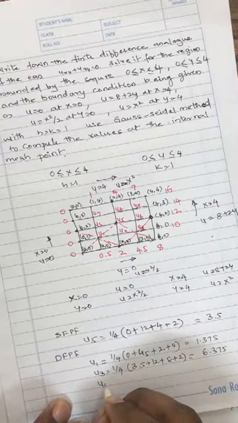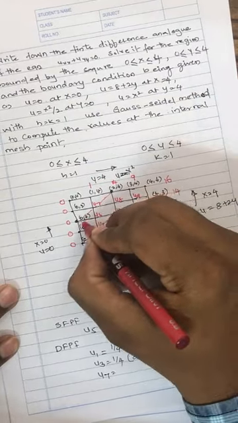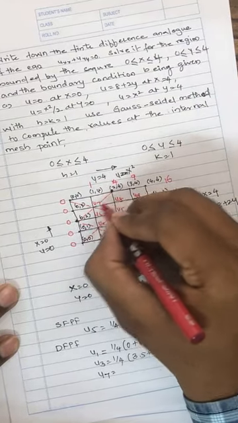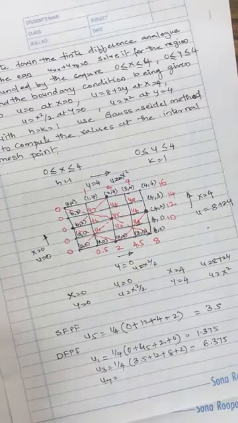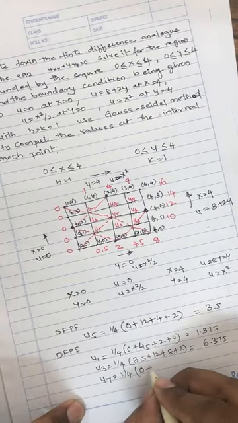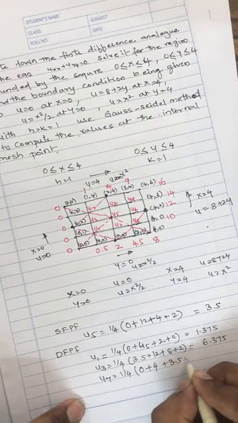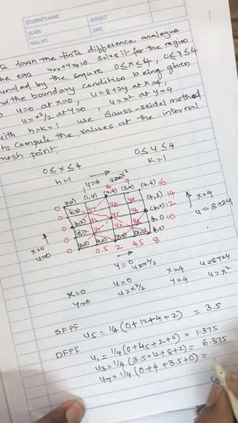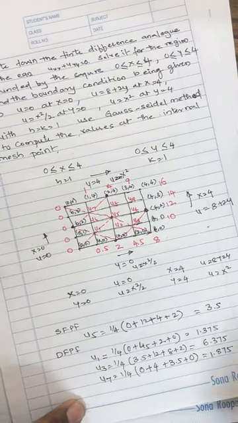Similarly, u7 is again the diagonal points: 0, 4, u5, 0. So 1 by 4 of 0 plus 4 plus u5, which is 3.5, plus 0. If I calculate, I'll get 1.875.